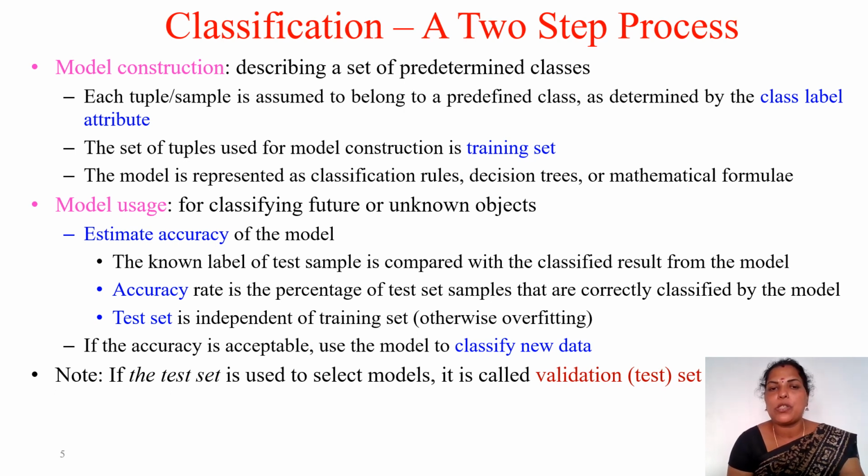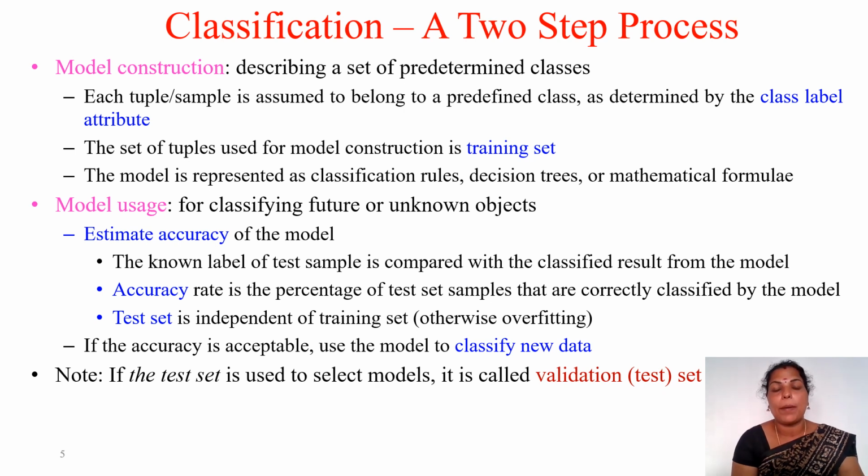The set of tuples used for model construction is called the training set. Generally, in the given data, the last column specifies the class label. And the model is represented as classification rules, decision trees or mathematical formulae. So we are talking about the model construction.